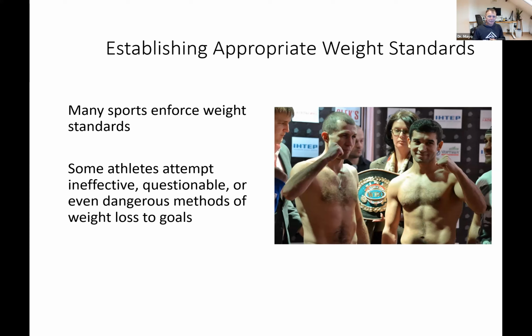They try not to let them do that. So they'll weigh the night before, 24 hours before. But then what ends up happening is they put on like 10, 20 pounds before their event. They don't want that to happen, but it's the reality of things.